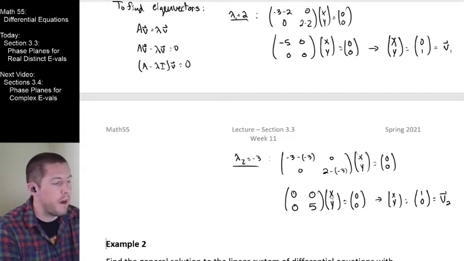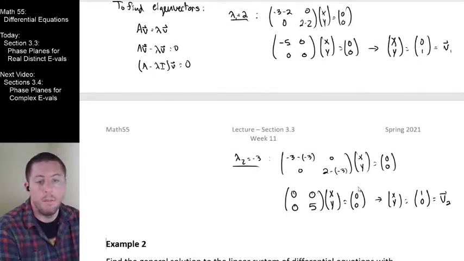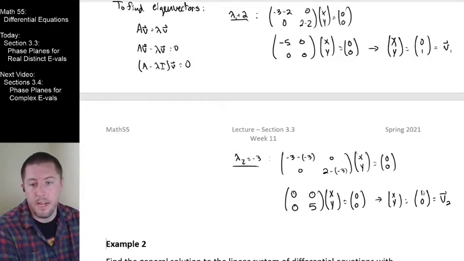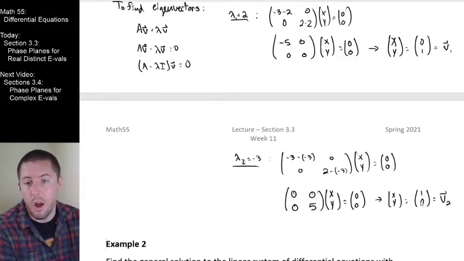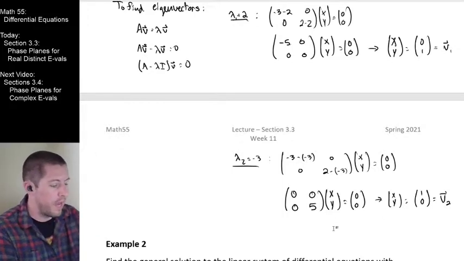And I'm picking 1 for x because 1 times 0 is 0. I'm picking 0 for y because 0 times 5 is 0, and those two things add up to the 0 that I have in the lower slot on my solution vector over here, right? And again, if you would have picked 49, 0 as your vector, you are also correct because any constant multiple of an eigenvector is also an eigenvector.